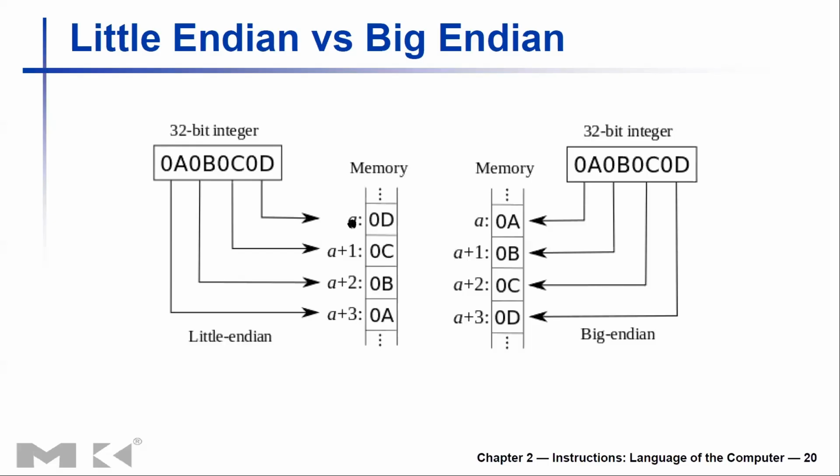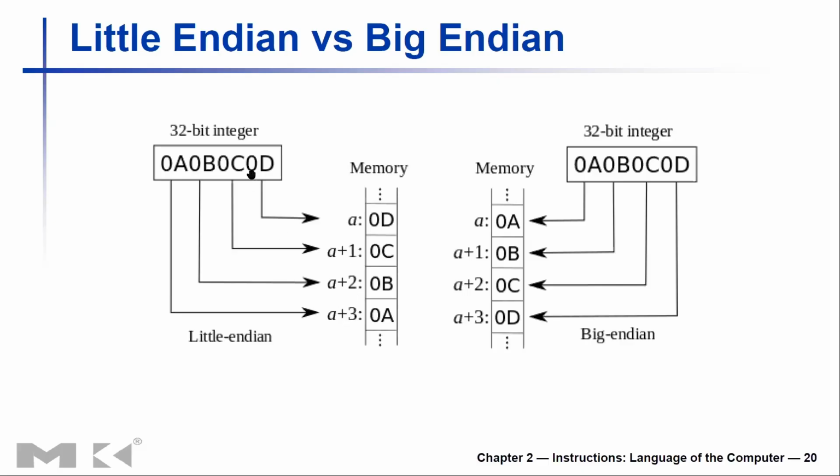These are the memory addresses: A, A plus 1, A plus 2, A plus 3. We are using a general notation here. A could be 0. If A is 0, then these are 0, 1, 2, 3, likewise. So each byte is given a different address.